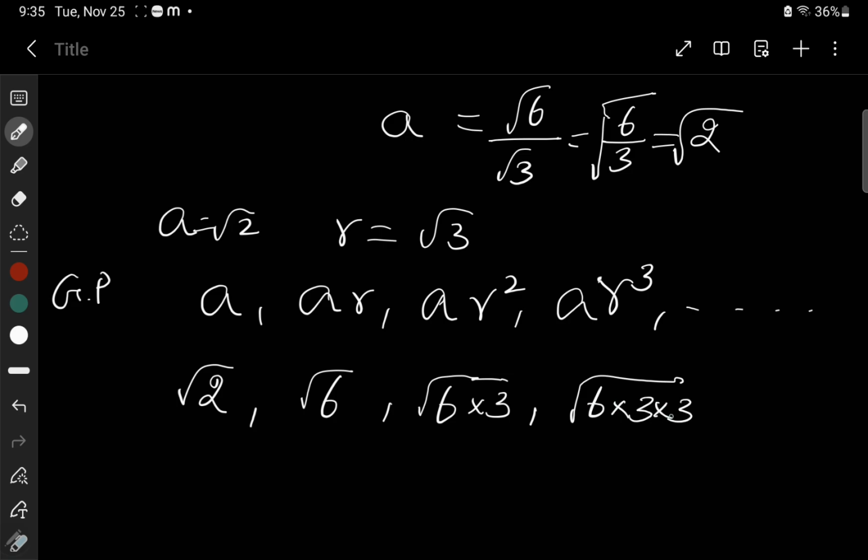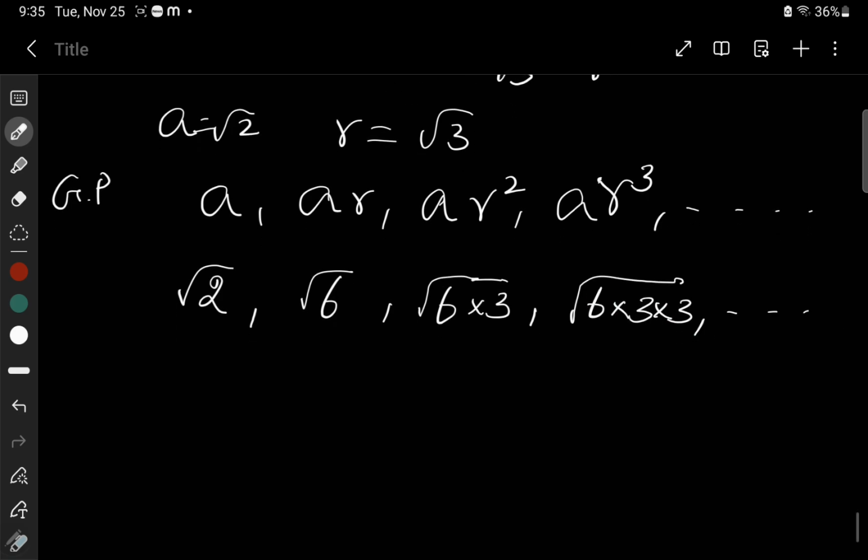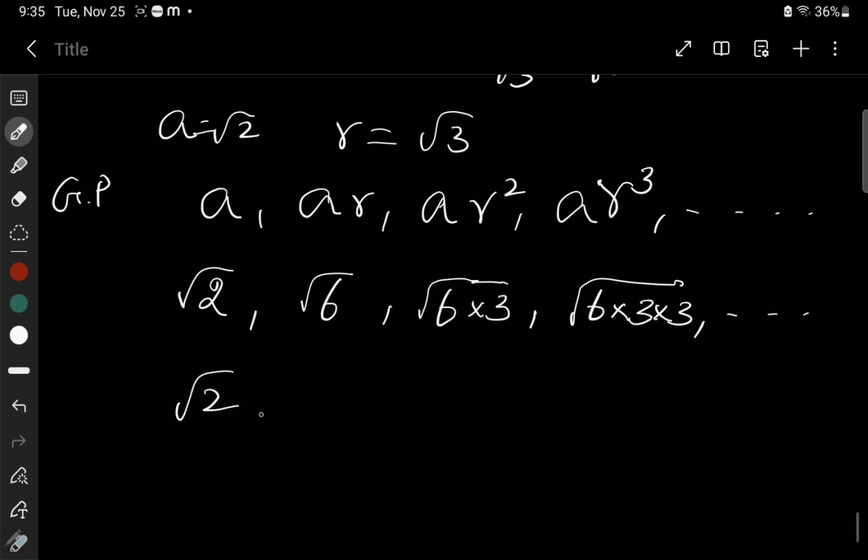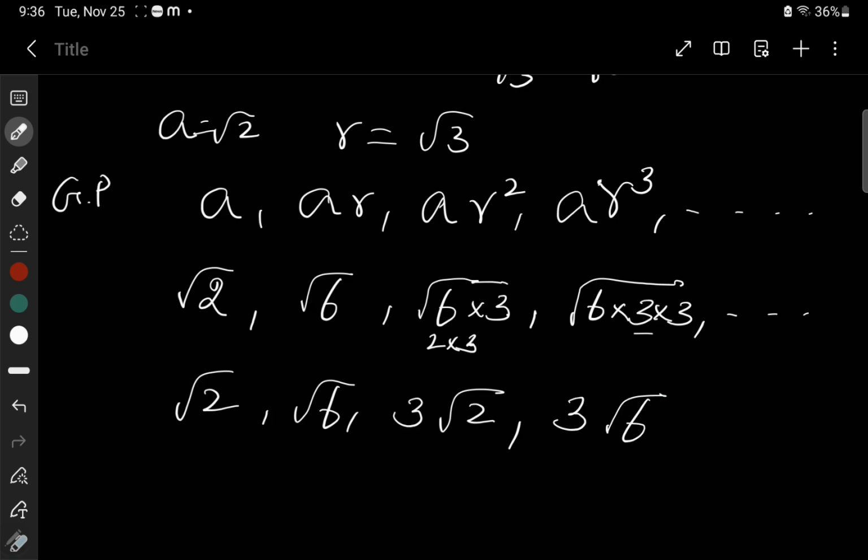Again, one more root 3 we multiplied. So further you have to simplify this, root 2 into root 6. Here this 6 can be written as 2 into 3. For 2 3's I take 1 3 outside, 3 root 2. Again for these 2 3's I take 1 root 3 outside, 3 root 6. And so on. So this is the sequence: root 2, root 6, 3 root 2, 3 root 6.